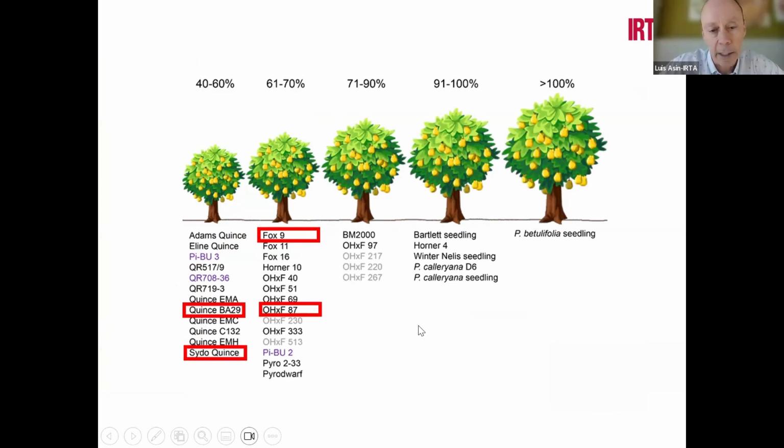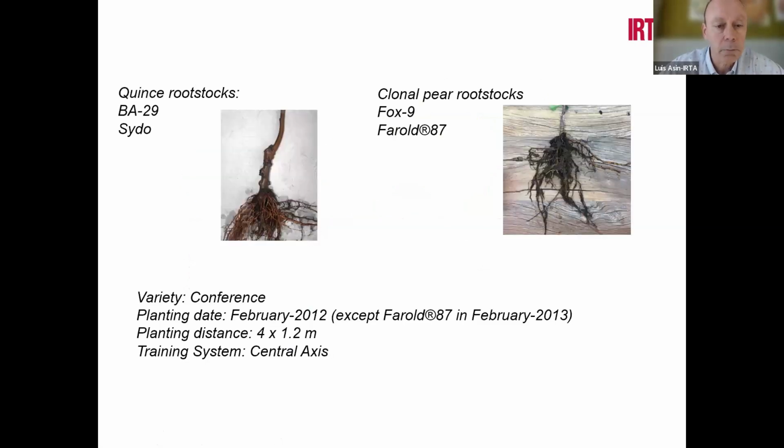In the trial that I want to show you, we compare Fox 9, Farol 87, and Quince VA29, which is Pseudo Quince for us. These are the standard ones, and Fox 9 and Farol 87 are the new ones, and we want to check their performance.